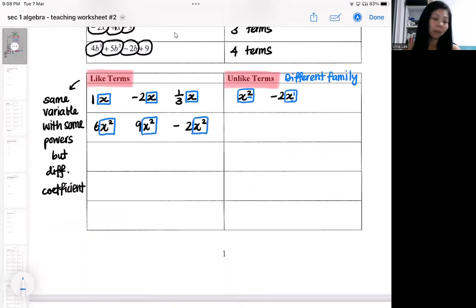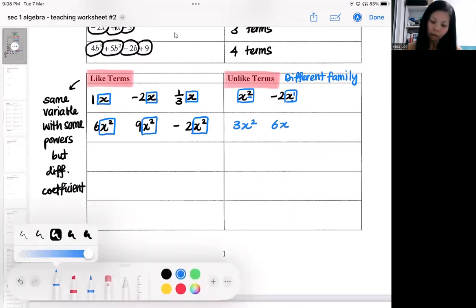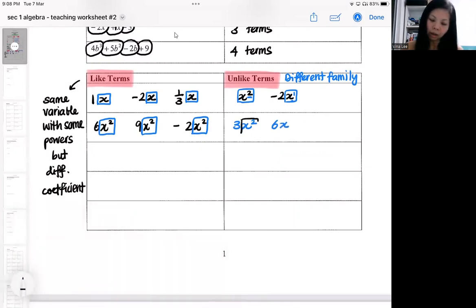So we can actually add all this up. But if I gave you something like 3x squared and 6x, they look like they are x also, but they have different powers. So cannot. Or maybe I can give you an x cube. Then they are also not the same family.